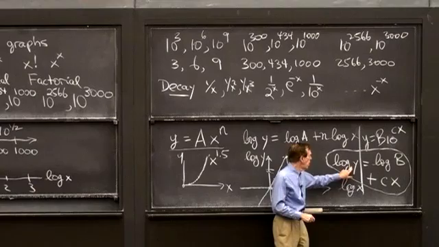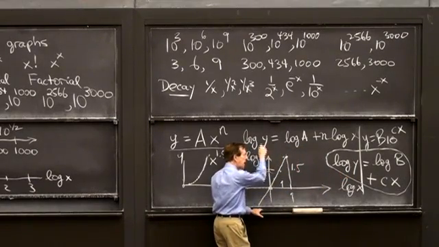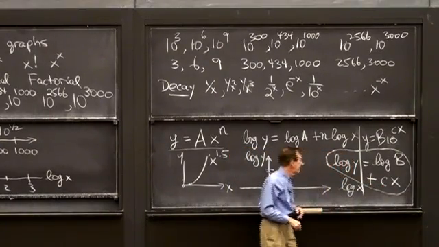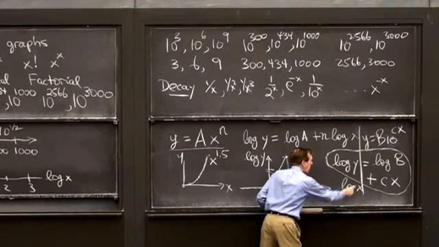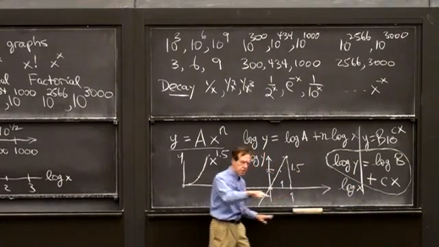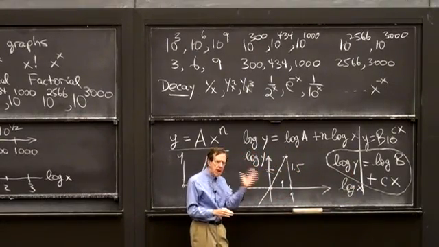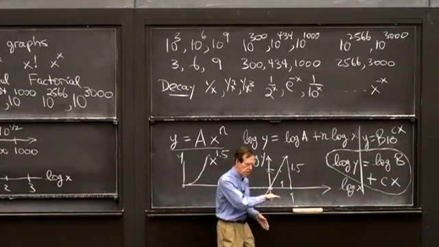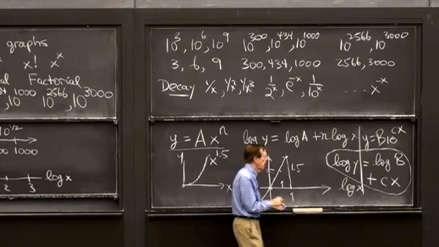The logarithm of y, the vertical axis, is still log scale. But you see it's ordinary x there now. So I don't use log x for this one, just ordinary x. It's semi-log paper. Logarithm in the vertical direction, ordinary in the x direction.